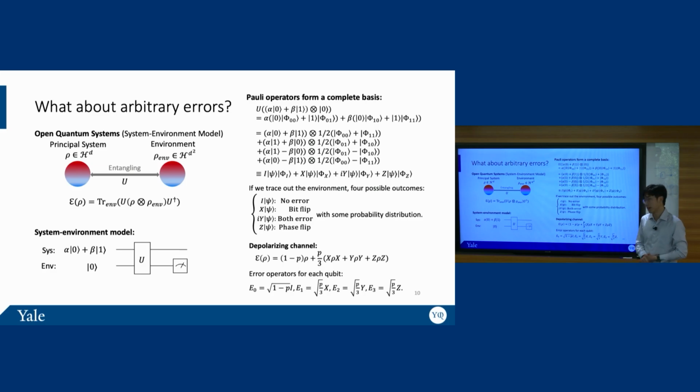This is to motivate these stabilizer error correction codes that are primarily designed to correct Pauli errors. And for the purpose of this following lecture, I'm going to restrict to these type of errors. And the hope is that they will also generalize because of this fact. Okay.